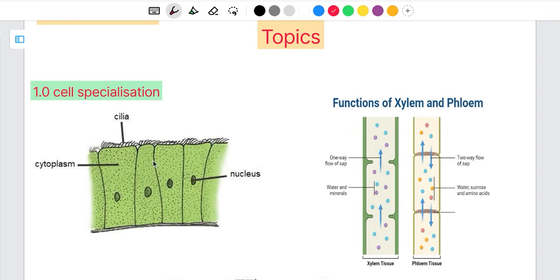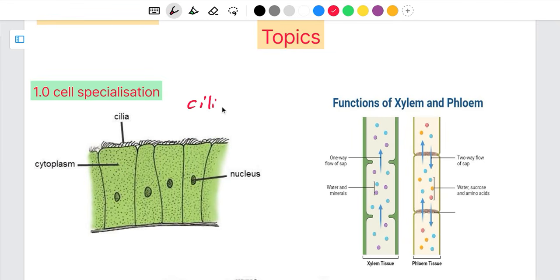These are just examples of specialized cells in plants as well as in animals. These two here are coming from plants, and this one here is coming from an animal. Let's say they bring something like this one here, the ciliated cell, isn't it?